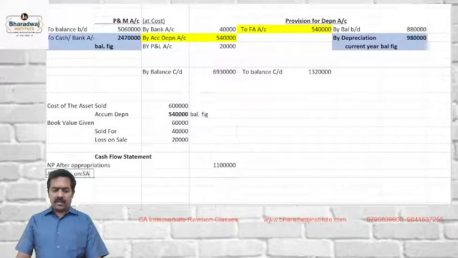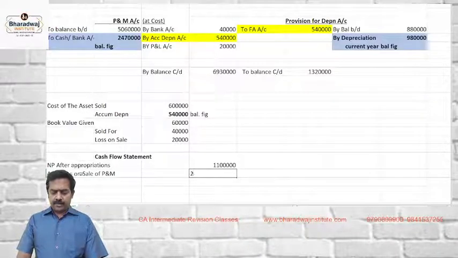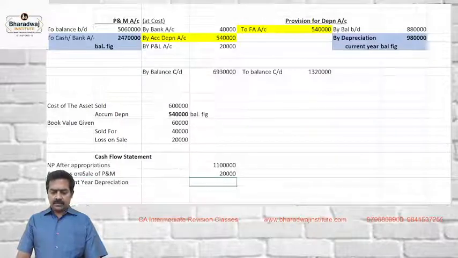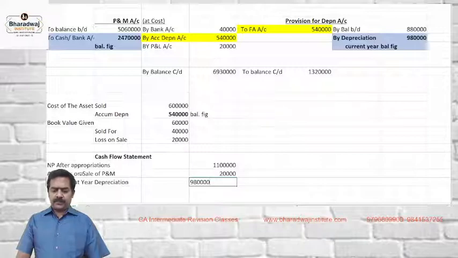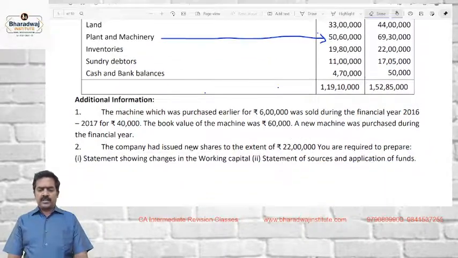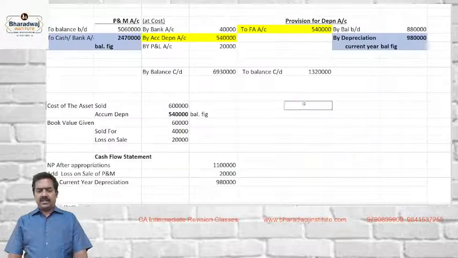Loss on sale of plant and machinery. What is the loss on sale of plant and machinery? 20,000. Current year depreciation. Then adjustment number 2 is based on issue of shares. Anyhow, that will come in which activity? Financing activity.